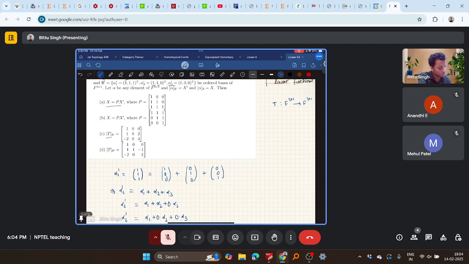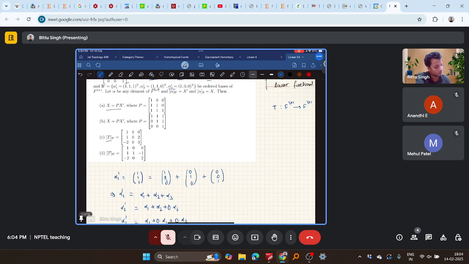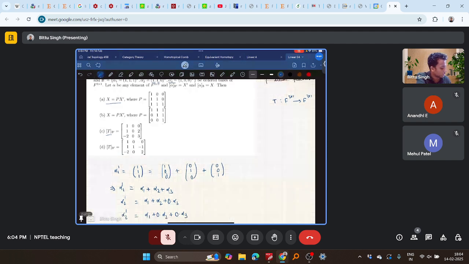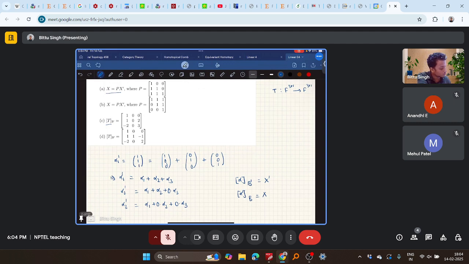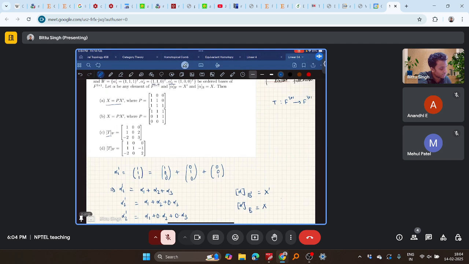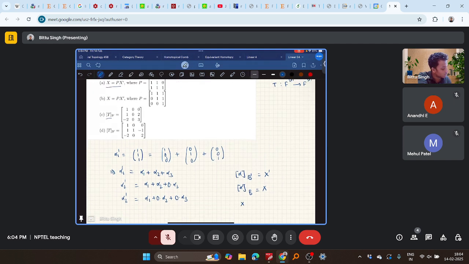Therefore, here we see that the coordinate of any vector alpha with respect to B dash is x dash, and with respect to B it is x. Then x can be written as x equal to P times x dash.